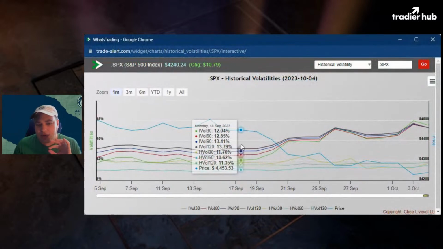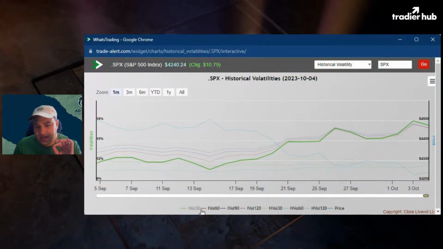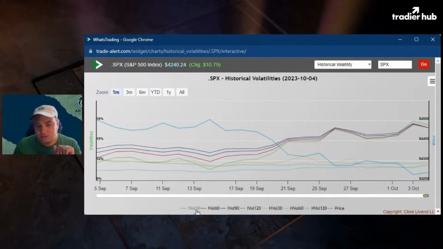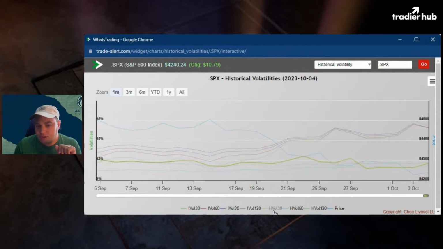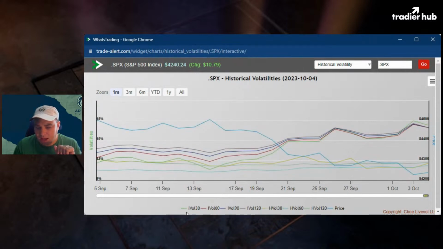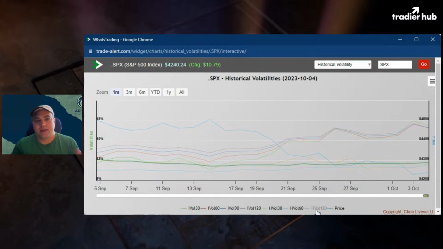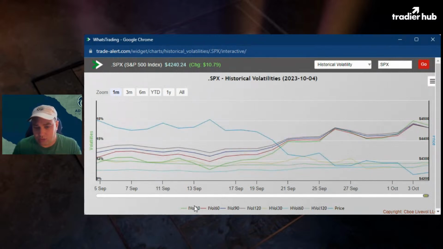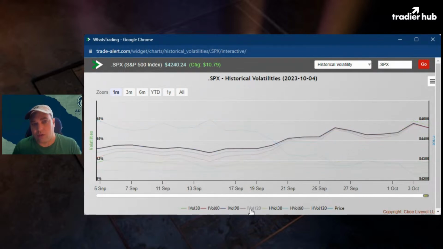This right here, the legend, is showing the comparison between implied volatility, the I vols, and the historical volatility, the H vols. And the number is how many days they're taking the annualized average of. So this is 1 month, 2 month, 3 month, 4 month, etc.